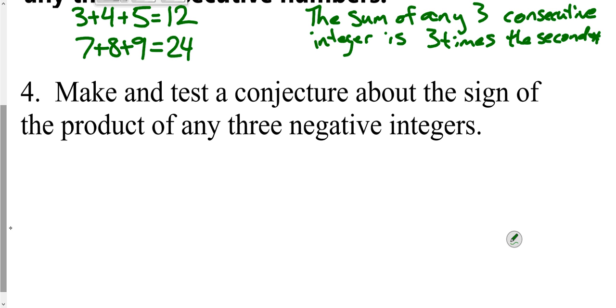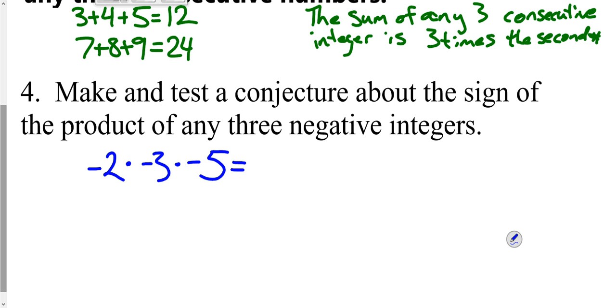So if I multiply negative 2 times negative 3 times negative 5. So negative 2 times negative 3 gives me positive 6.